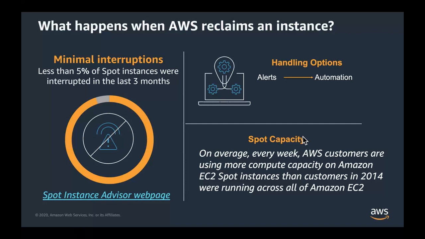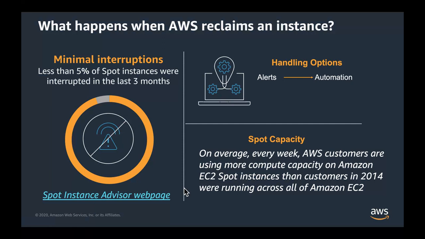So less than 5% of the times do we have to reclaim the capacity because we are seeing a spike in demand. This data is available in the Spot Instance Advisor page. The link is here, but if you just search for Spot Instance Advisor in your browser, the first link that comes up shows this data.